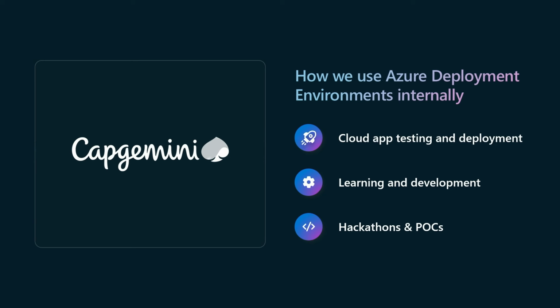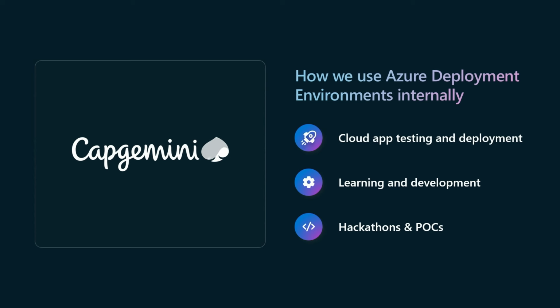Because learning and development also requires environments, requires hands-on experience. So what we are doing, we are creating Azure Deployment Environments for teams, connected with a GitHub repo, so that they can start learning how to use those new cloud services from Azure. And that's actually also what we are doing for envisioning new ideas.